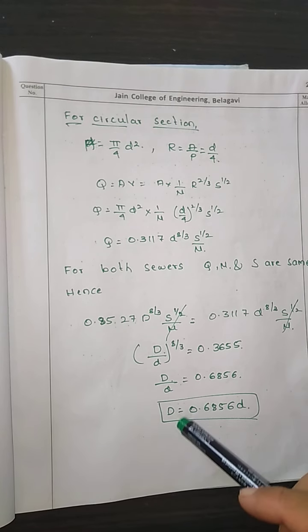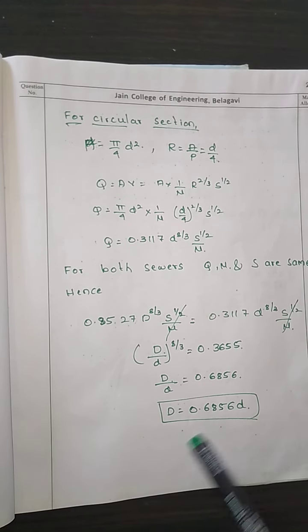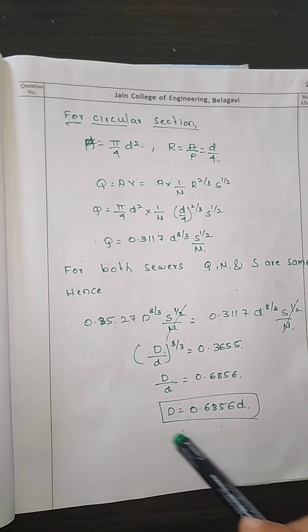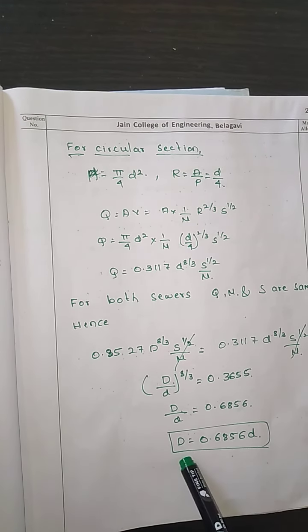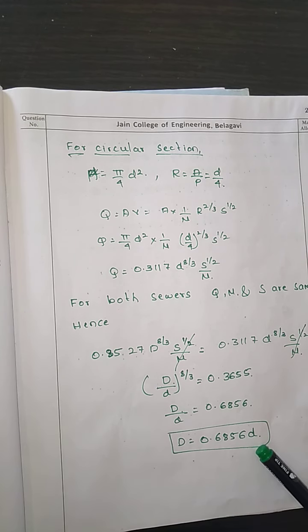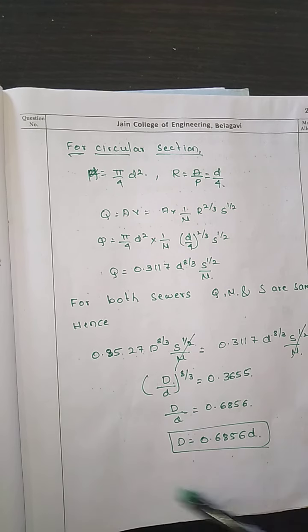So D, that is the depth of the rectangular section, becomes equal to 0.6856 times the diameter of the circular section. So this is how we have solved the problem.